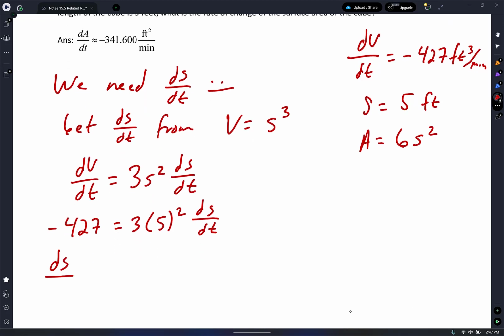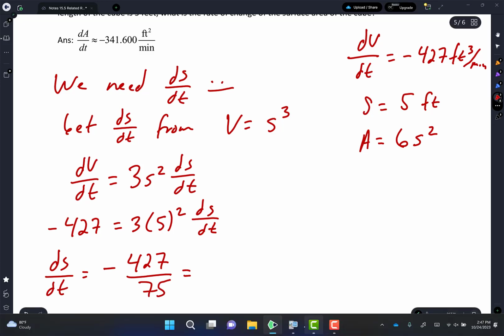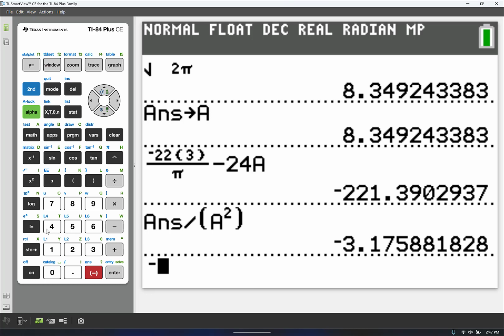So ds/dt is equal to negative 427 divided by 75, which is some number.